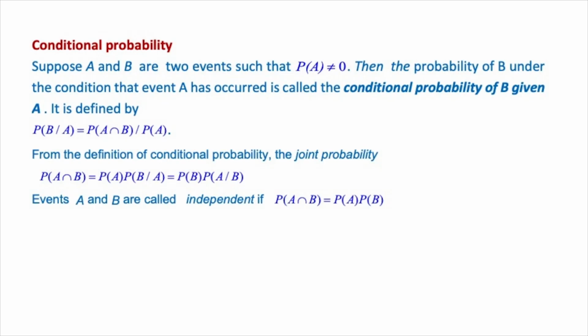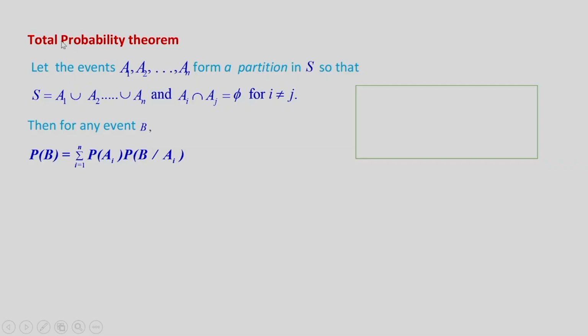In the case of independent events, the joint probability is the product of the individual probabilities. This is a very important concept, independence. What does it imply? It is a property of probability that the probability of a joint event is the product of the probabilities of the individual events.